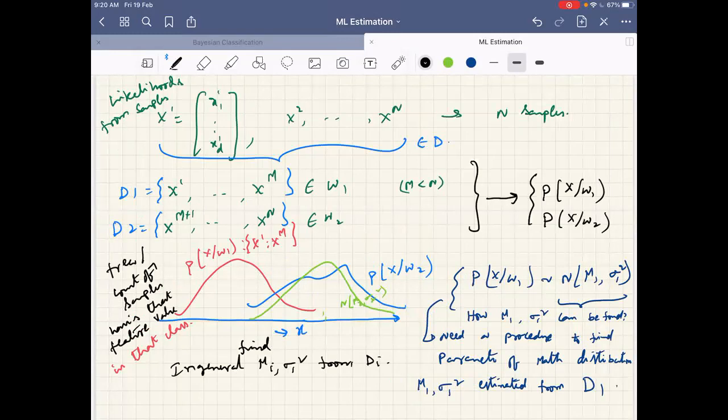If I get one procedure for class 1 samples, the parameters of the likelihood of class 2 samples can also be estimated in the same way. Similarly, any class I samples' parameters can be estimated in a similar way. So the procedure is the same irrespective of the number of classes. We just take the corresponding samples of that class and estimate the likelihood parameters of that class.